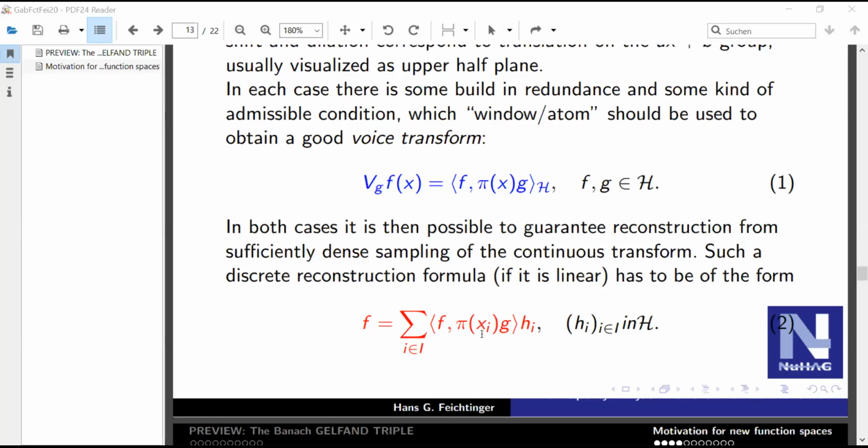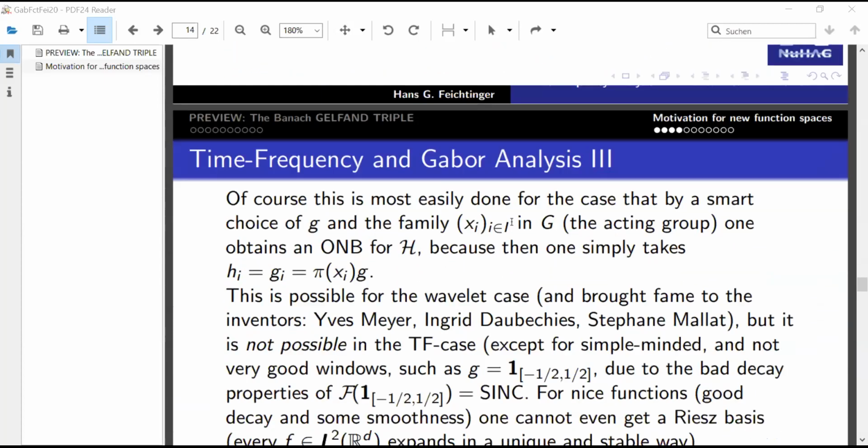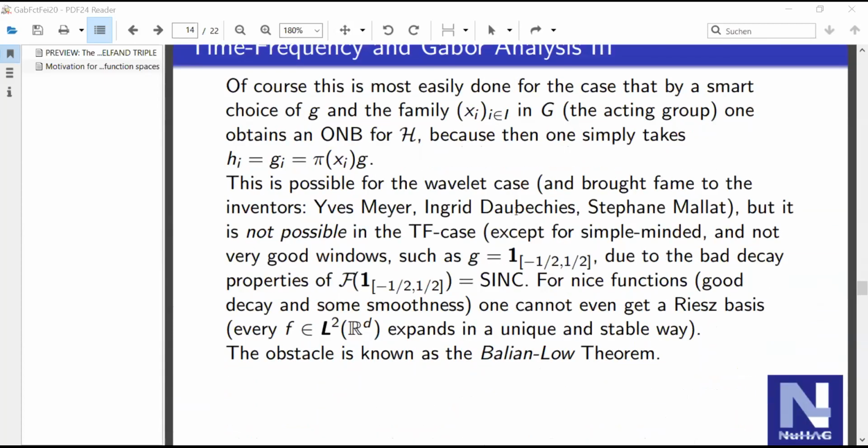You can give me any decent function, so maybe any function which is a candidate to be a wavelet, and then you could give me a dense set, even if it's irregular, I would be able to show with the help of co-orbit theory how to get a representation of this form by making a dual frame of this family. So that's the terminology, but I would like to go then to more concrete things.